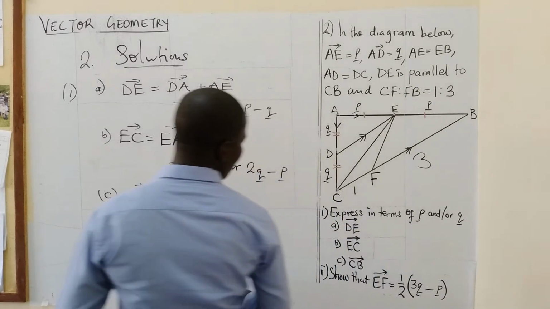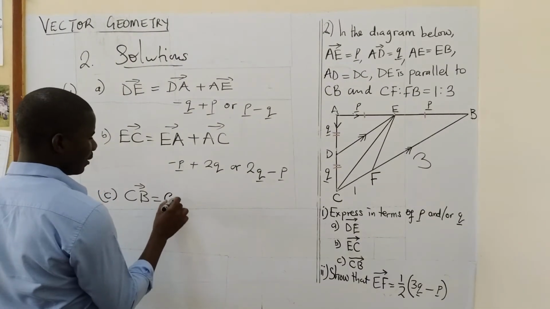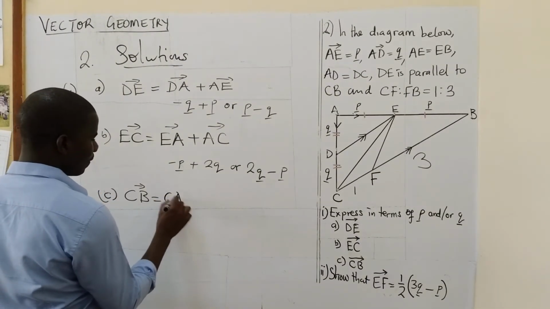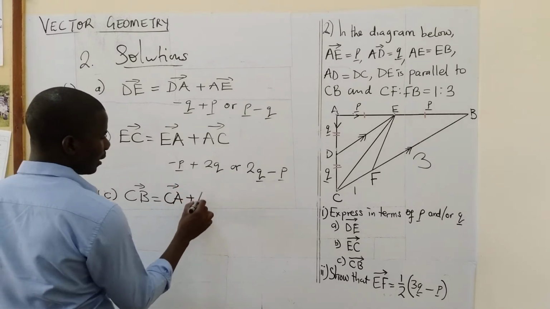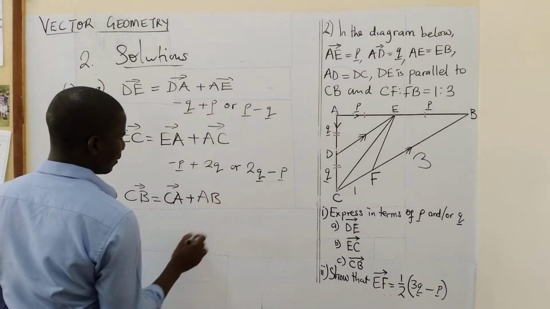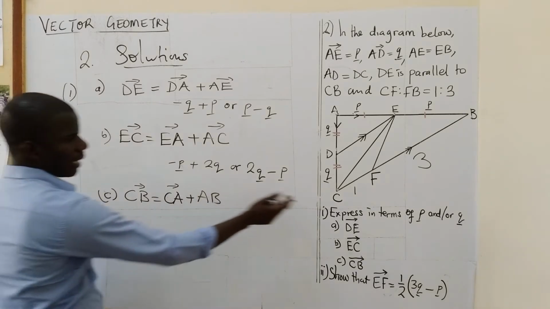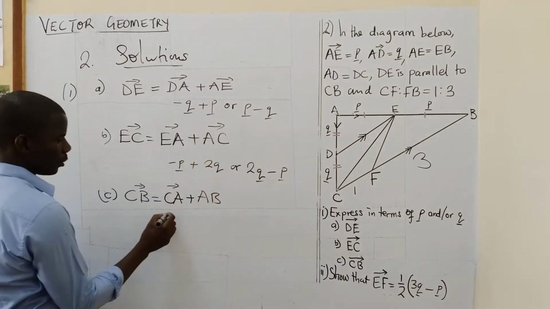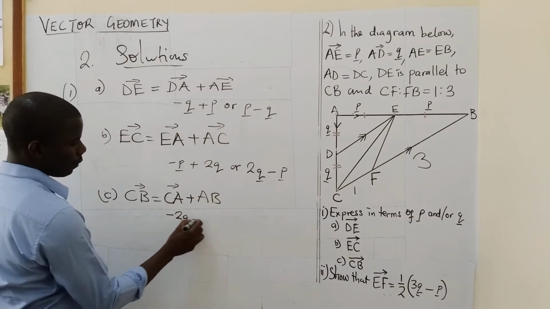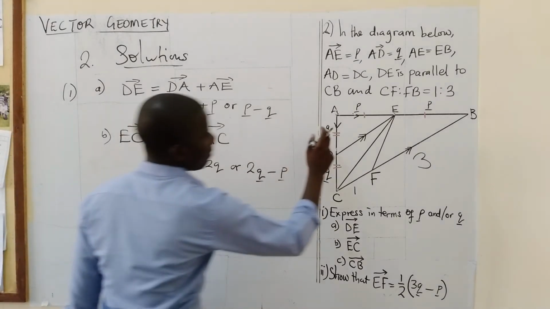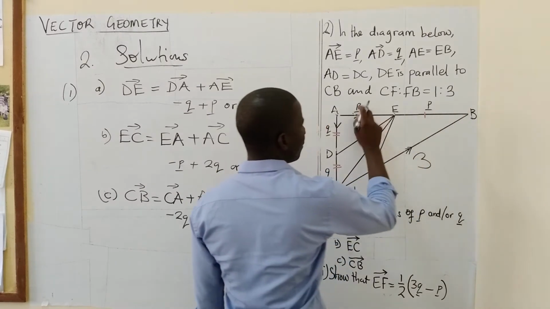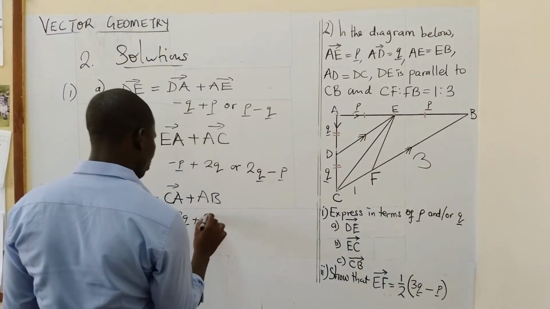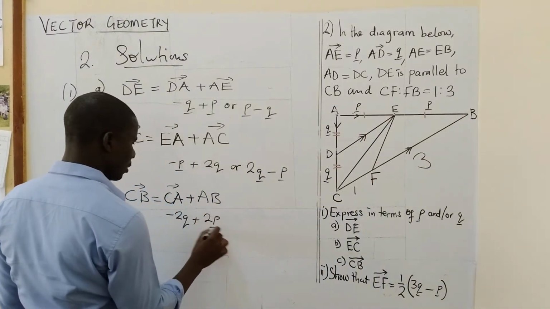In this case, we say CA plus AB. Our CA is the opposite; remember here we had AC. So CA is going to be minus 2Q plus AB. AB is from this point up to this one, so we have P plus P, which gives 2P.